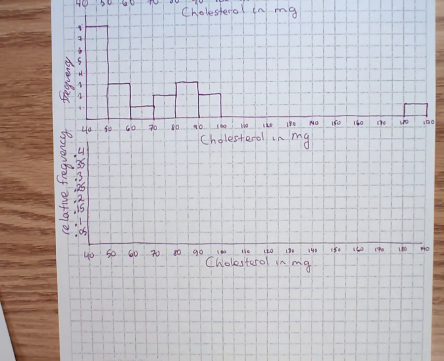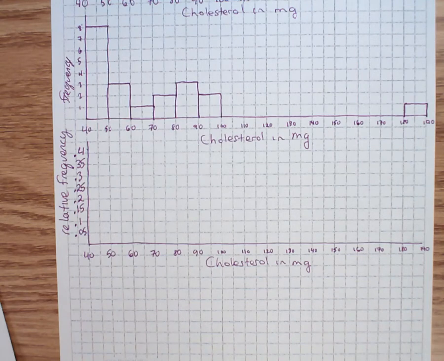Some mathematicians like it when, if you're not starting at 0, you do this and do 40. I skipped that because it's irrelevant to us right now. This is a more professional way of expressing that information.